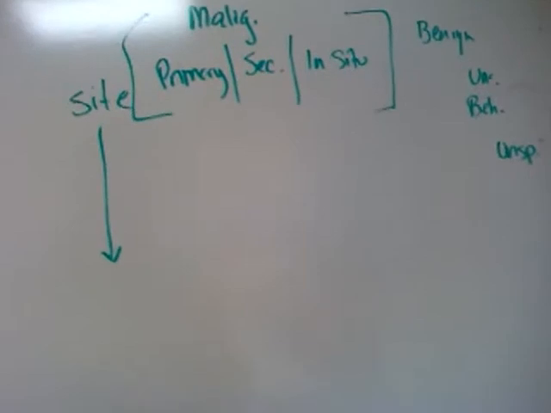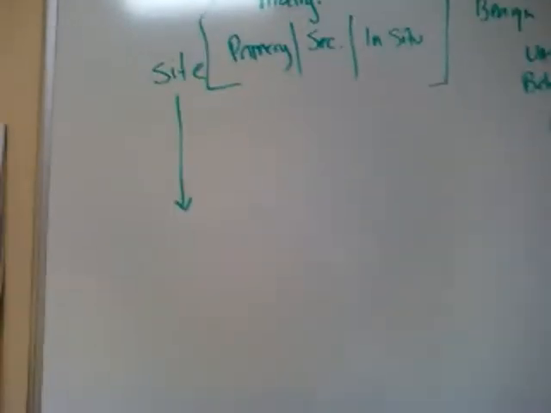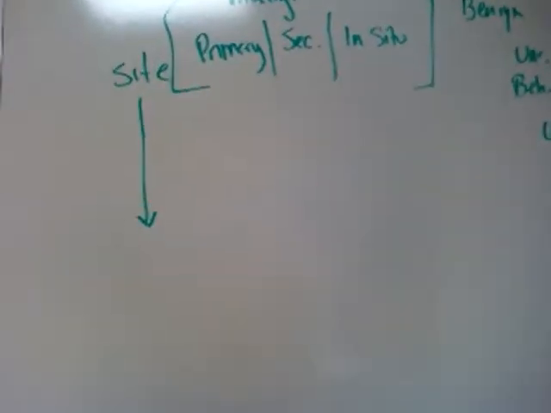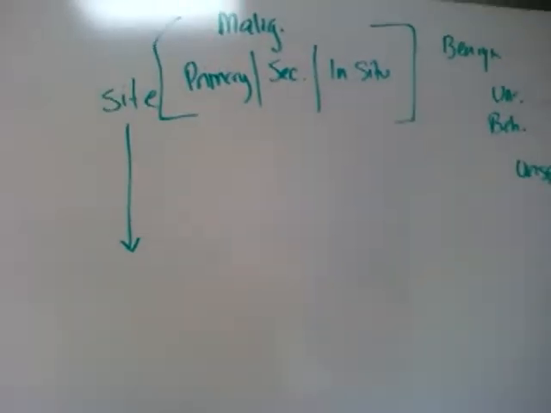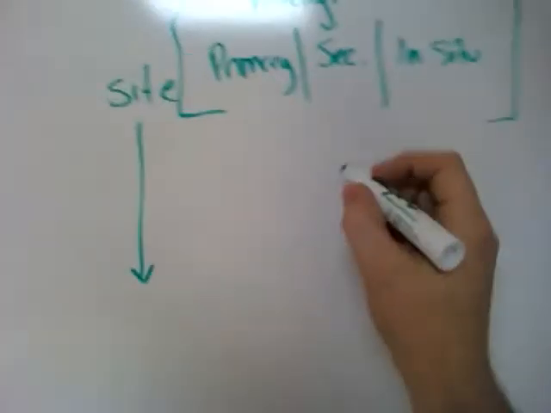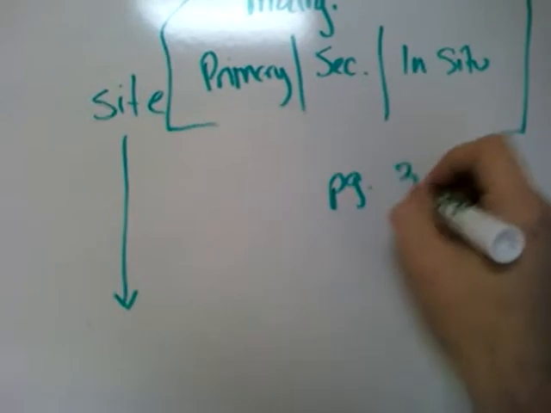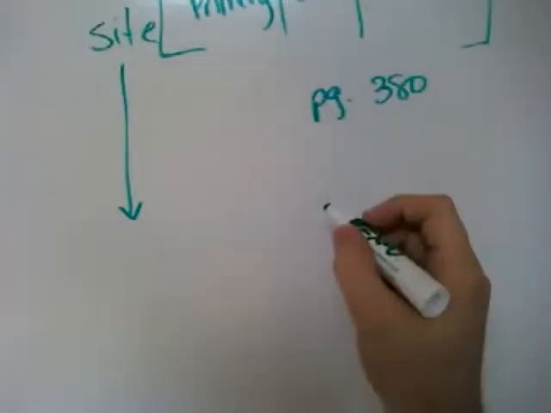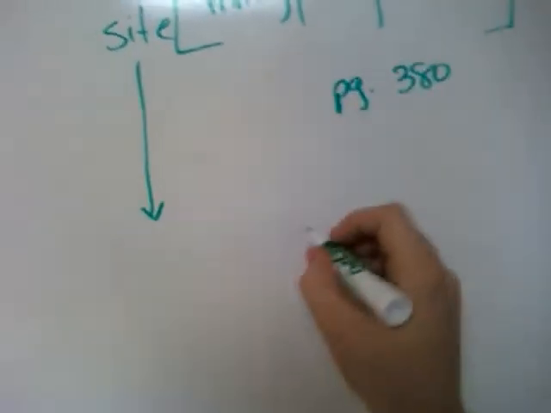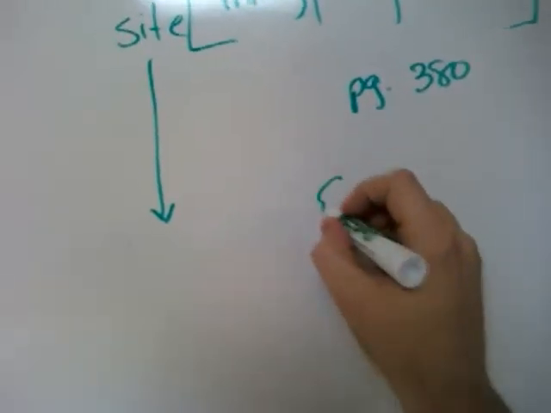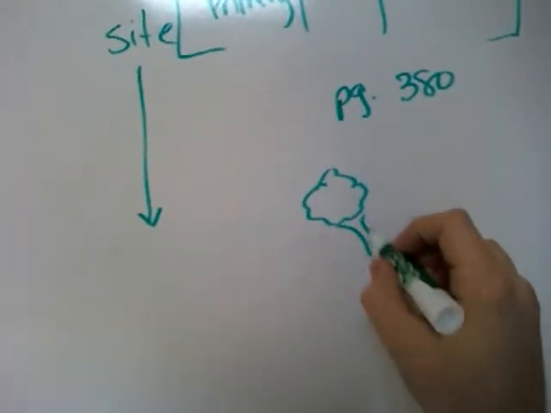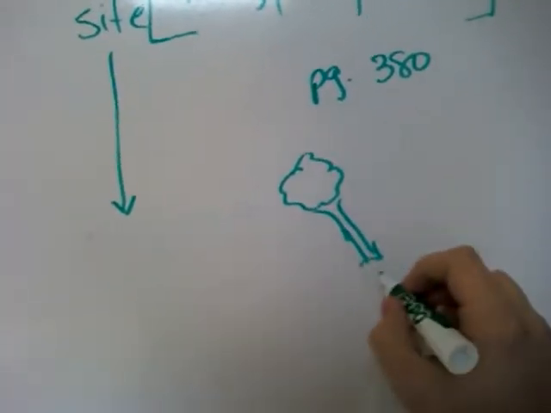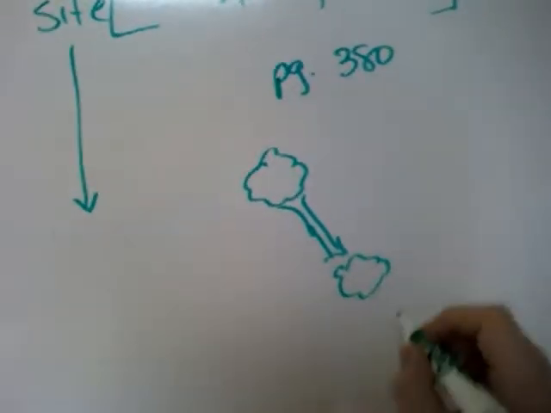I want to go over the process of metastasizing in a little bit more detail. I'd highly recommend you read page 380 several times. Okay, get to know it well. So here's kind of how it works: if we have cancerous cells, they're going to spread to another place.